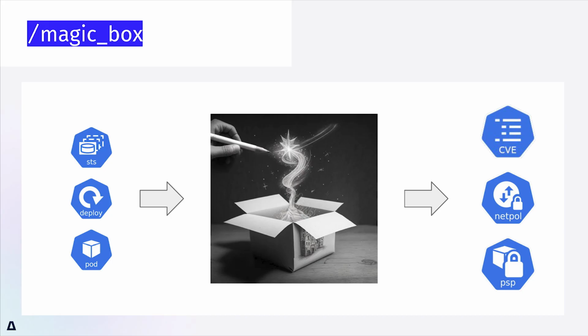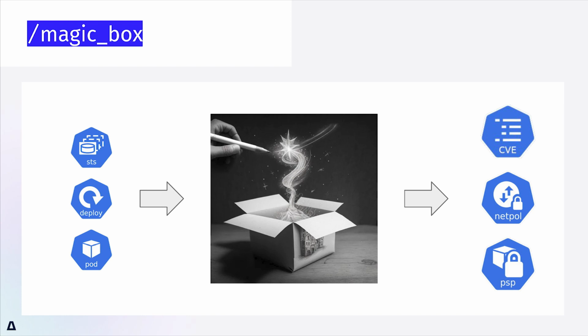So now we understand that Kubernetes security is multifaceted and has interdependencies with the containerized applications running on it. We also understand that there is a lot of toil associated with getting it right and keeping it that way. So now let's imagine a magic box where we can put our application and everything it needs in order to run.